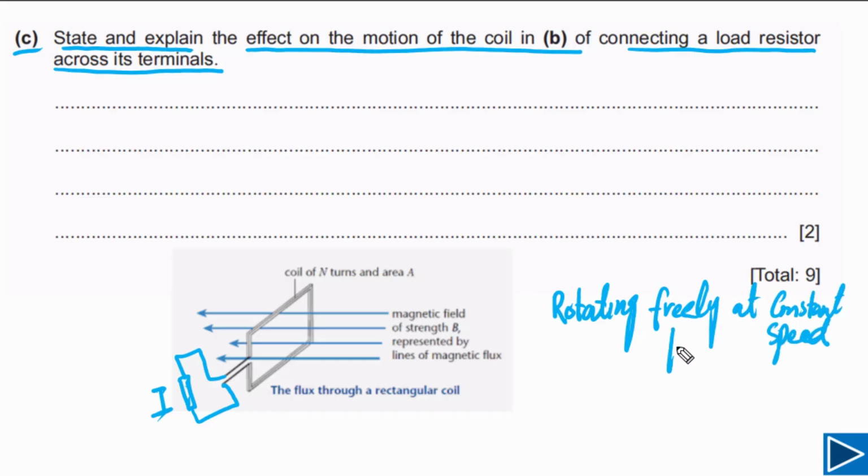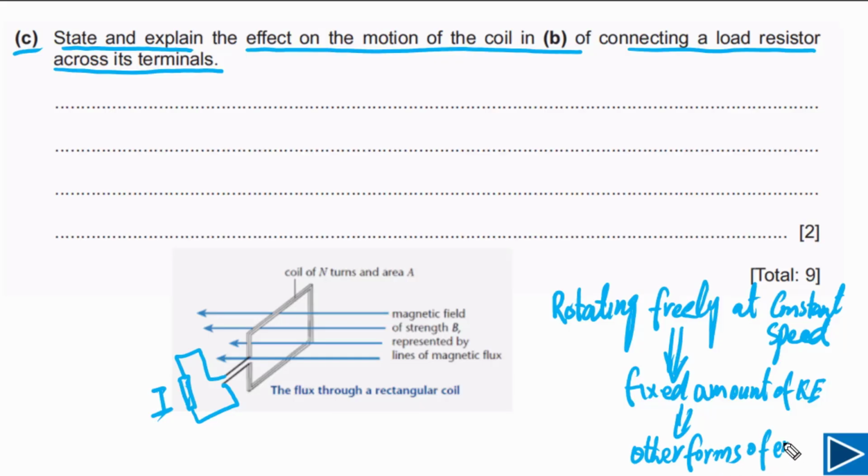Or we can also say it has a fixed amount of kinetic energy. So when all that energy has been converted into other forms of energy, the coil will finally stop.